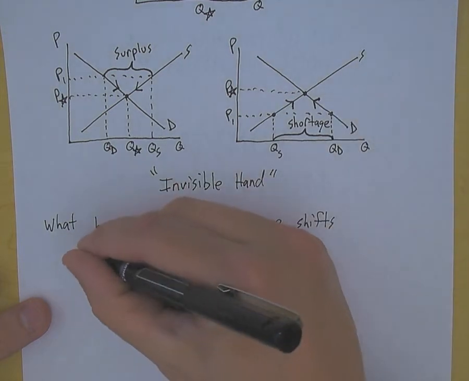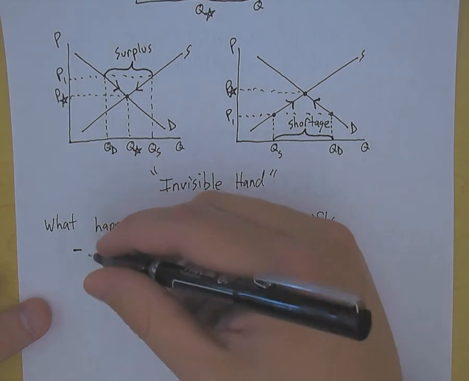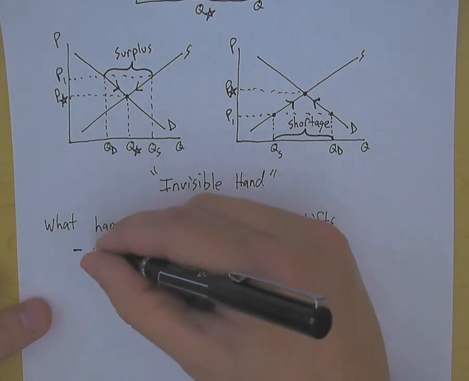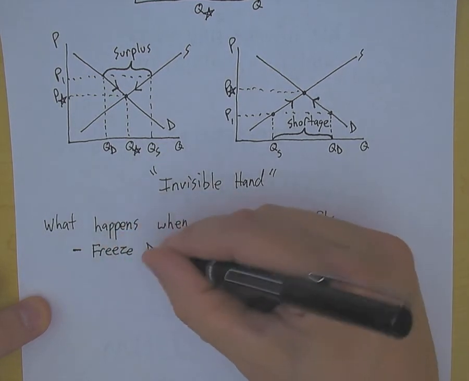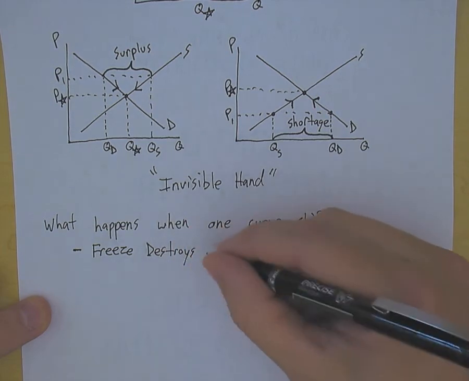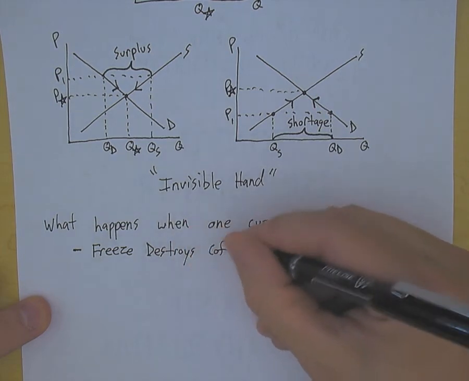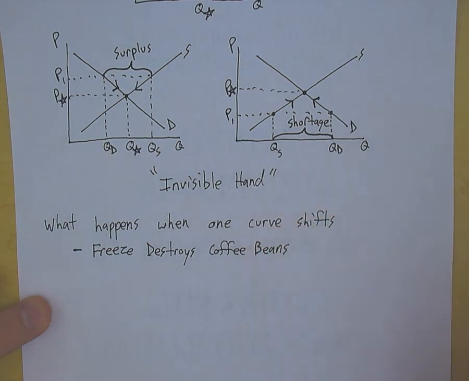Here is my scenario. Let's say a cold streak hits the nation of Colombia and a freeze destroys a crop of coffee beans. What's going to happen in the market for coffee?